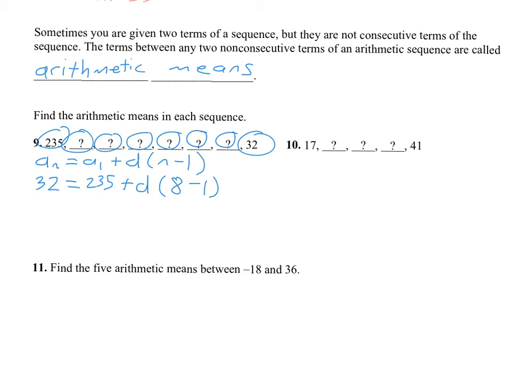So then you use this to solve for D. 32 minus 235 is negative 203. Divide both sides by 7 and you get D equals negative 27. No, negative 29.